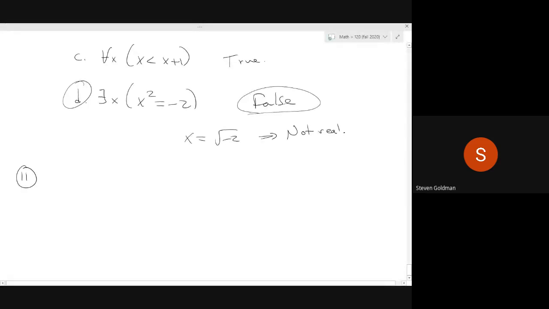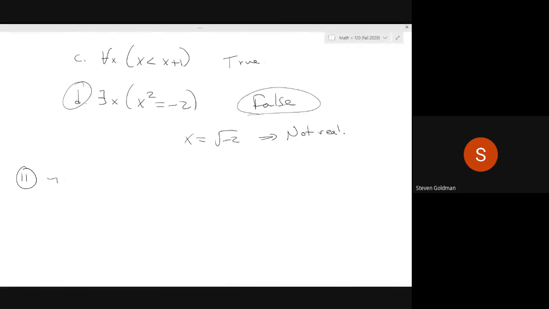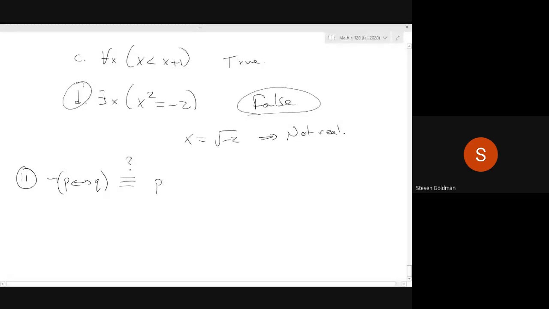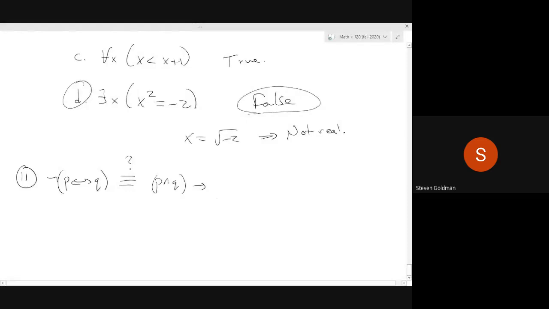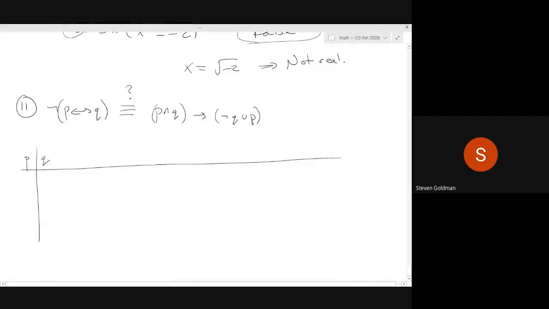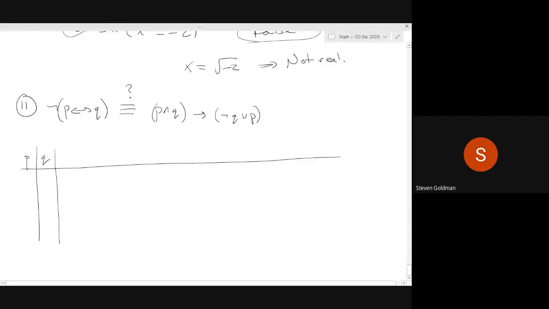Okay. So we're looking at these two propositions here. The negation of P if and only if Q. We want to see, is that logically equivalent to if P and Q, then not Q or P. Okay, and we also want to see if any of these are a tautology or contradiction or contingency. Okay, so let's do a truth table. We have P, we have Q. All right, we have a not Q here.